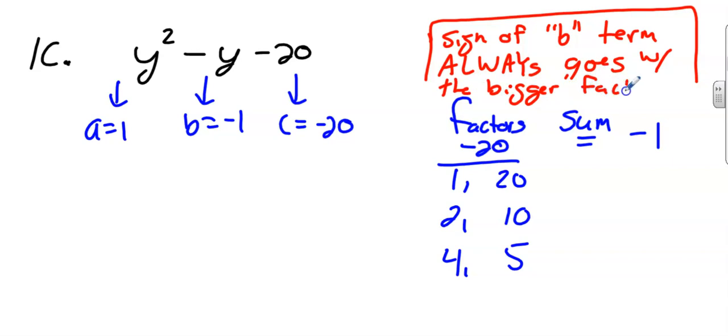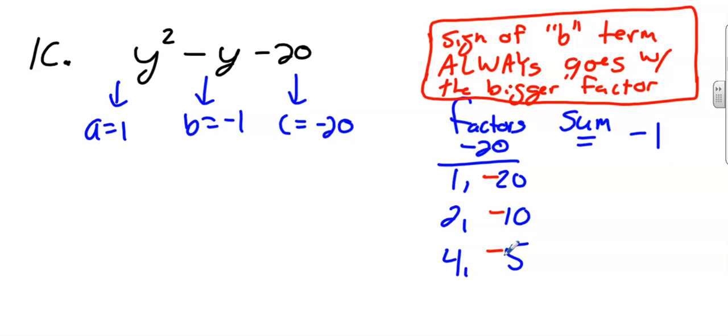Let's just say the bigger factor. People will word it different ways, but before you do anything with the signs, just give me the factors. And if this b term is negative, whatever the bigger factor of the pair is, the bigger number's got to be negative. So 2 and negative 10, that number's got to be negative. 4 and negative 5, that number's got to be negative.